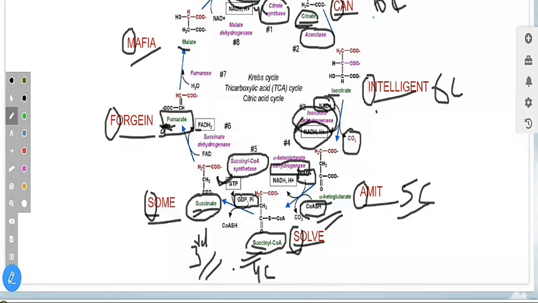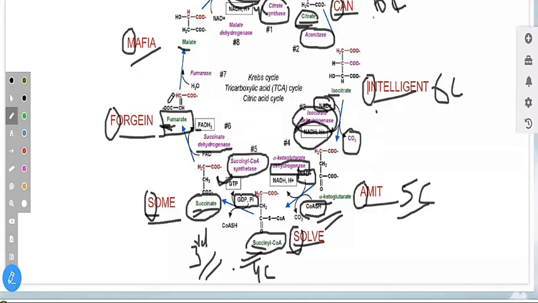So during the formation of fumarate from succinate, it will generate an FADH2 molecule. That means obviously the enzyme dehydrogenase is responsible for this reaction.